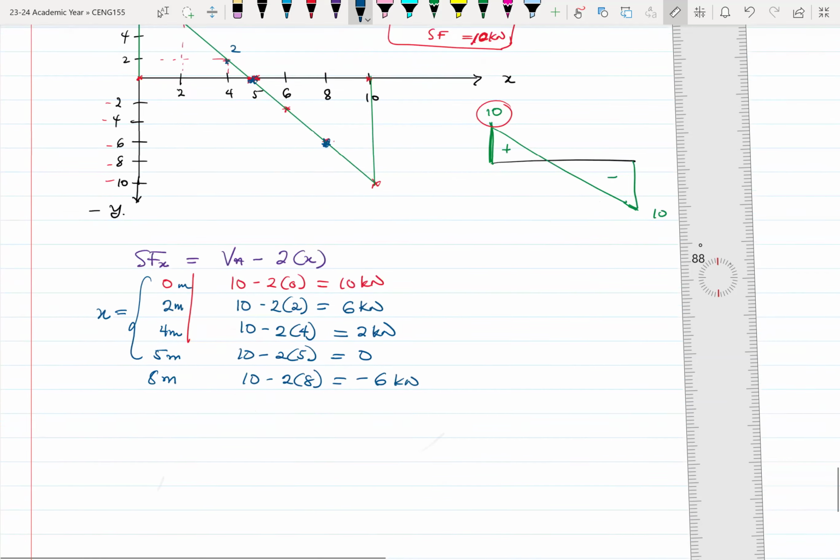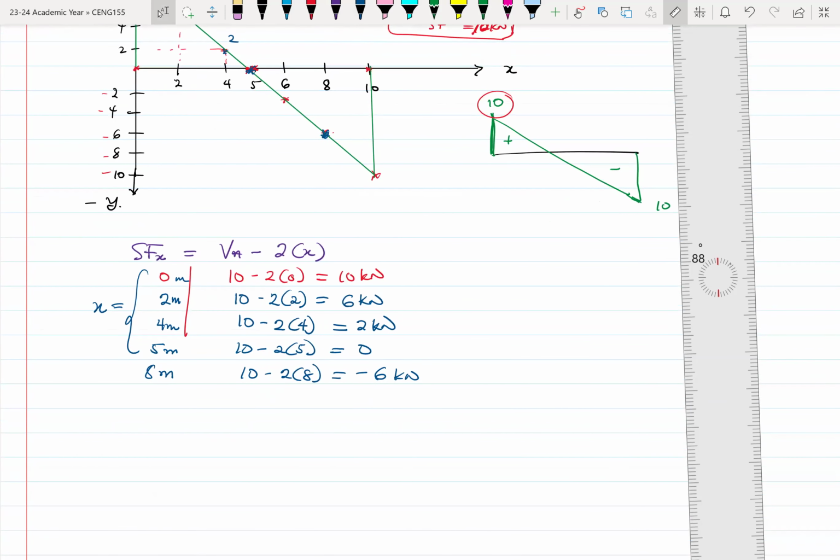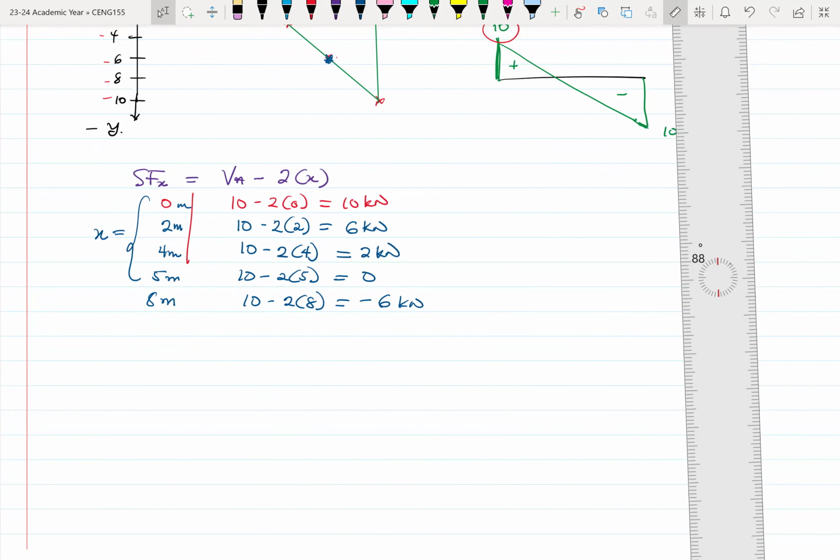Okay. And this equation is similar to ones that we've seen before. So let's say SFX is equal to VA minus 2X. All right. This is the same as what? Y is equal to, I can change it. I can say, okay, Y is equal to C plus MX, right?